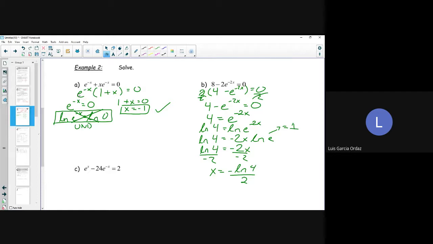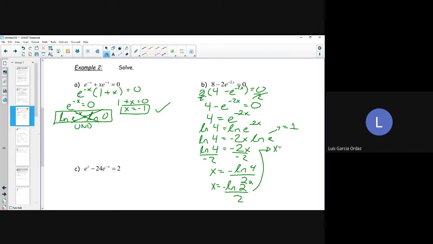So how can we get 4 in terms of a base of 2? 2 to the power of what gives me 4? 2 squared. So this can then become negative ln of 2 to the power of 2 over 2. Then I can use my power rule again.